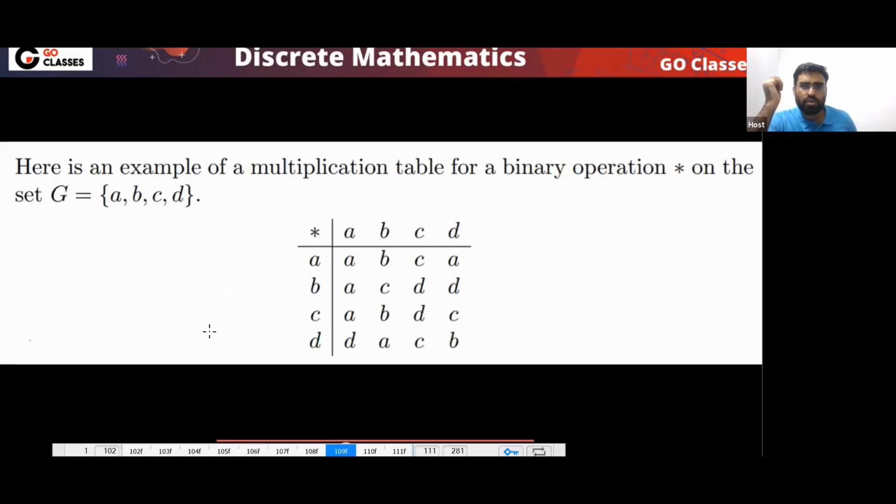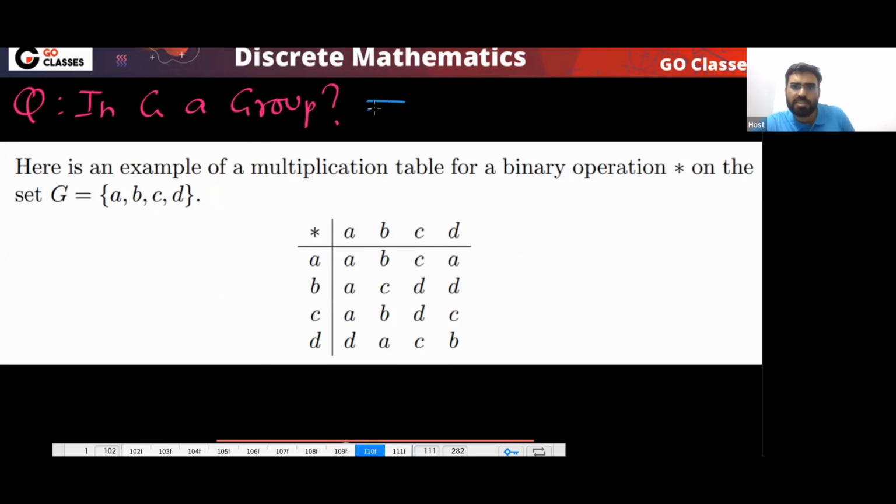Okay, let's move on. So tell me, is this a group? This is the question. Is G a group? Why is this G not a group? The answer is no, because you can notice this repetition can never happen in a group.